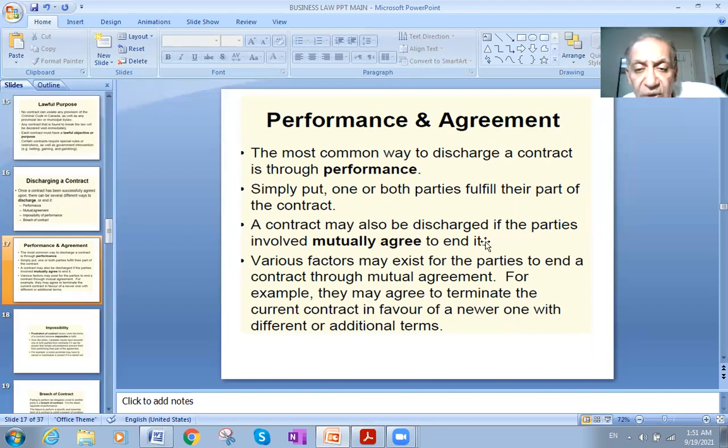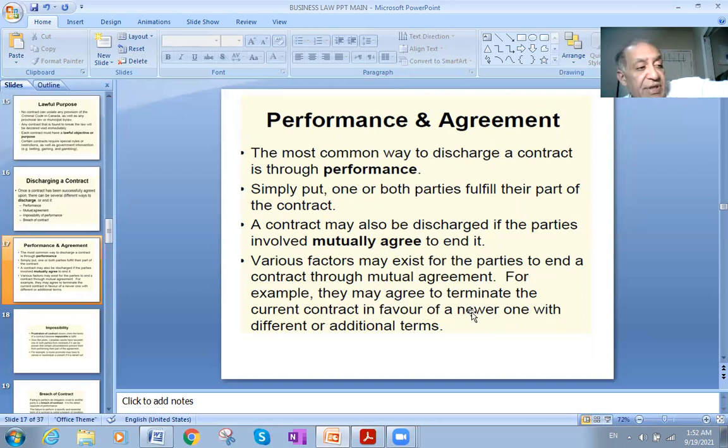A contract may also be discharged if the parties involved mutually agree, like we said. Various factors may exist for the parties to end a contract through mutual agreement. For example, they may agree to terminate the current contract in favor of a newer one.